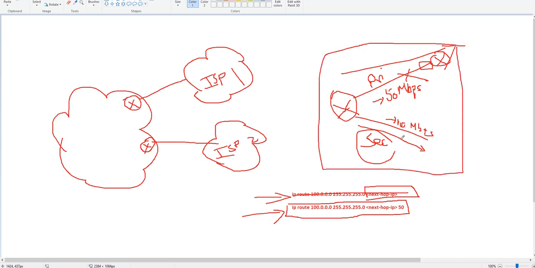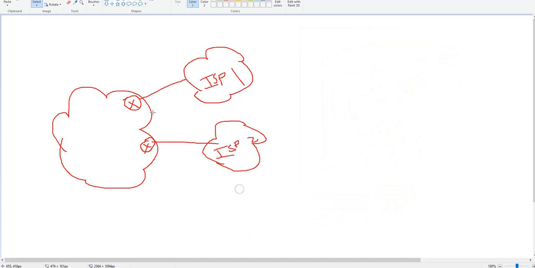But it is not the one we deal with in BGP. So what do we do with BGP? Let's say you have a router here and you have the ISP connected to it, and you have the links connected over here and here.